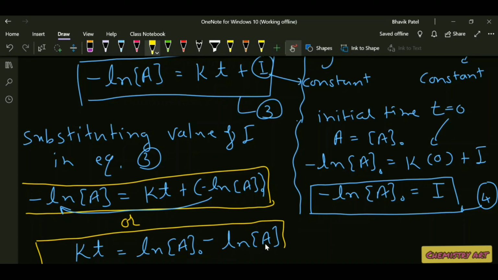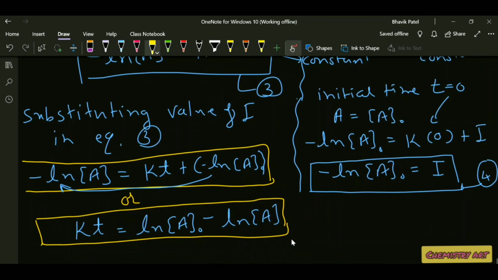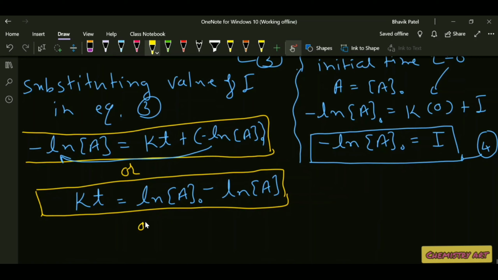Again we are rearranging this equation, so we are getting another equation. For kt we can write, rearrangement means here ln A naught minus ln A will be ln A naught by A, because we know that in logarithm the minus is converted into divide.